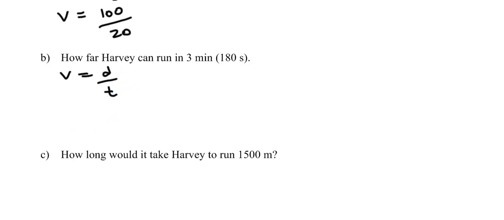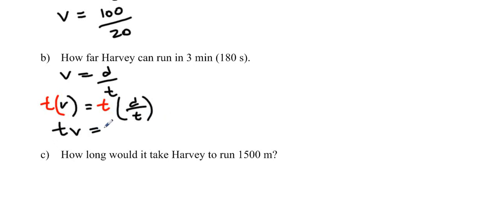So let's do that. So I'm just going to say T times V equals T times D over T, right? So I'm just taking each side and multiplying it by T. So this ends up being TV, and this ends up being just D. So D is equal to time times velocity.